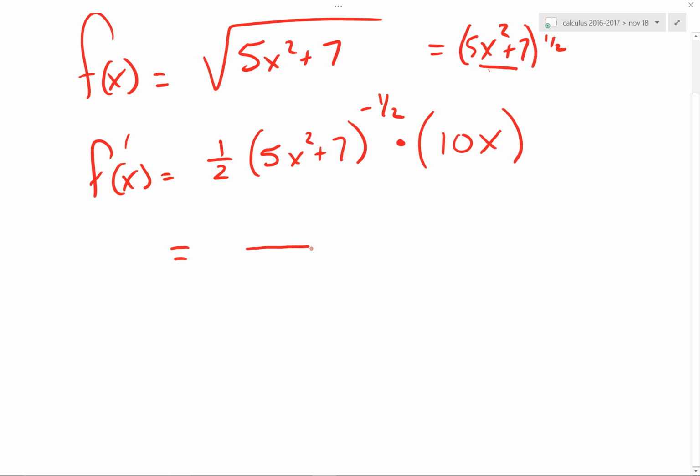Now, can we clean this up a little bit? Where does the 10x want to be, top or bottom? Here's a hint. Is anything on top of it? No. Are there any negative exponents on the 10x? No. So where does it go? It goes on top.